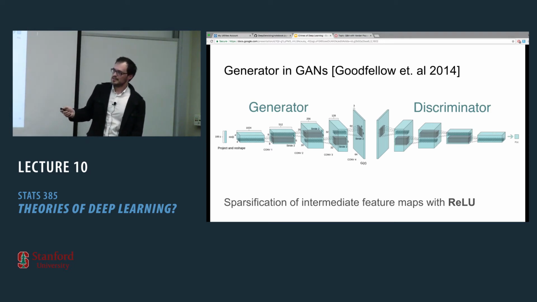In his case, there's this generator here that basically creates images. What's the difference between this generator and the generative model I've been talking about? The difference is that in his generative model, he takes this seed, multiplies it by a matrix, and then applies ReLU. Then he multiplies by another matrix and applies another ReLU. So in his case, you obtain sparsification of all these three-dimensional feature maps using ReLU. And this means that it's a nonlinear generative model.